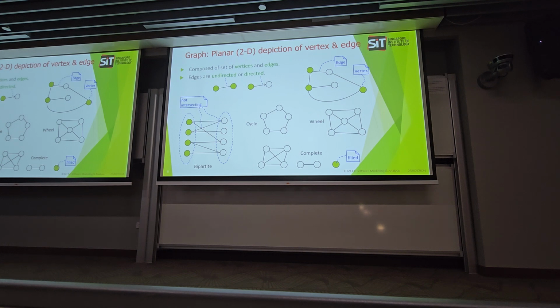So you can see that the top left-hand set is pretty well what a graph starts out with. Now you have either a directed graph, which would have an arrow on the edge, or you would have an undirected graph, which doesn't have any indication of direction.